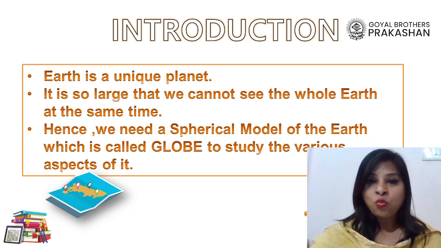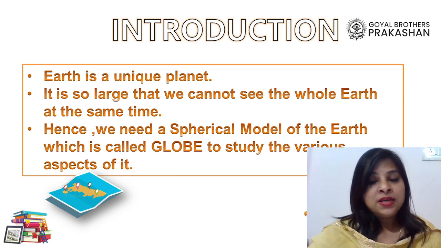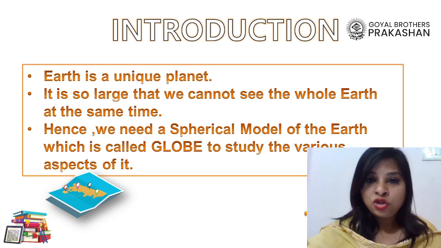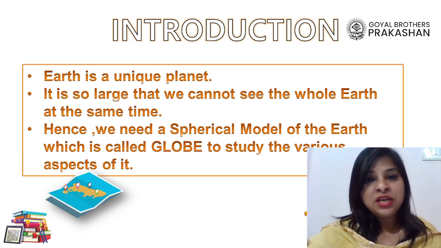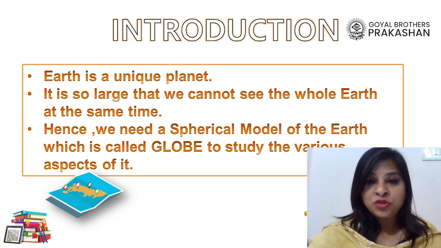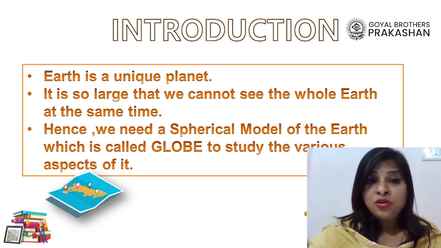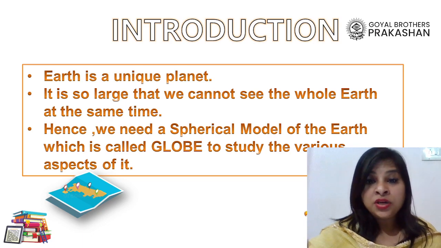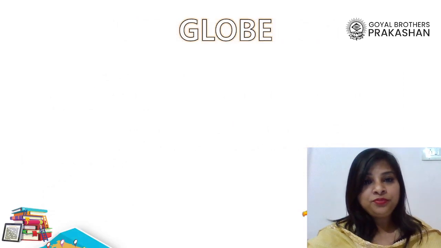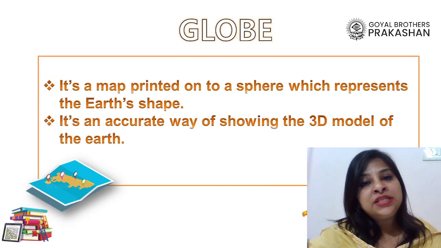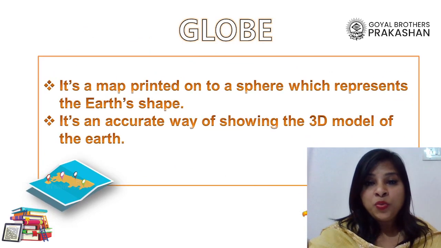A globe is given as an example, to give an idea to all of us about how Earth looks. It's a map printed onto a sphere which represents the Earth's shape.